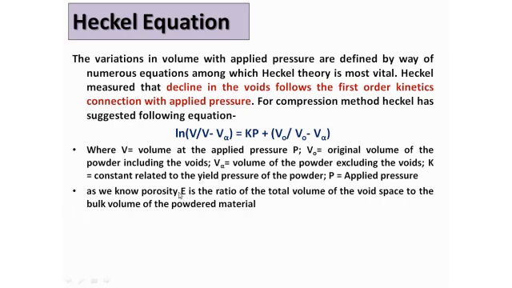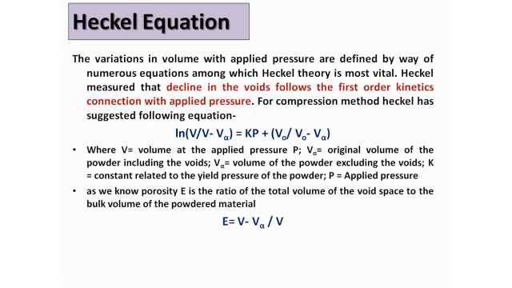I repeat, the porosity E is equal to the total volume of the void space divided by the bulk volume of the powdered material. So here E can be defined as V minus V alpha, that is the total volume of the void space, divided by the bulk volume V. Now let us put this value in this equation.